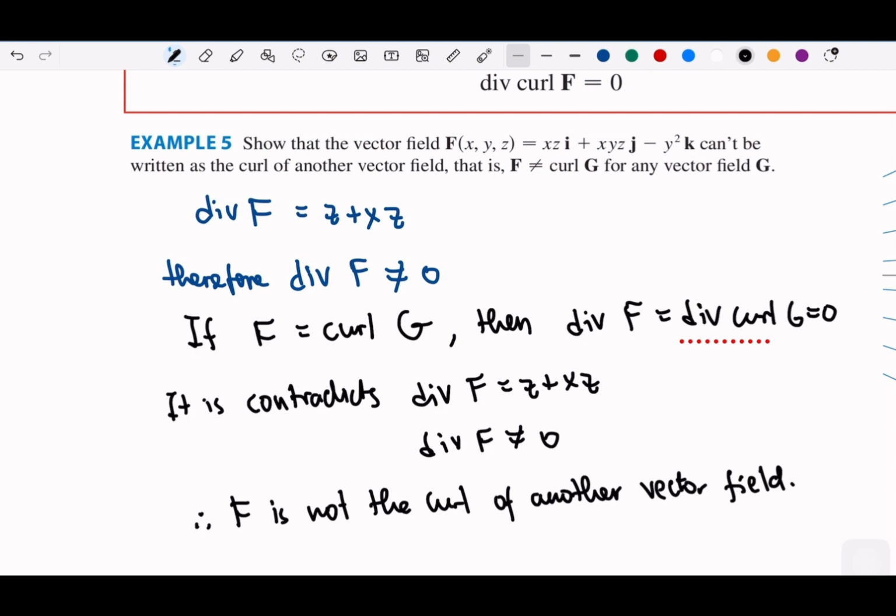Another way to understand this part: if you have div F equals 0, we can say that F is incompressible. Maybe we can imagine a fluid or gas.